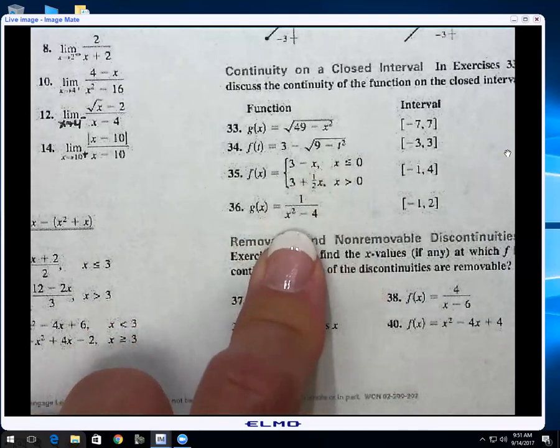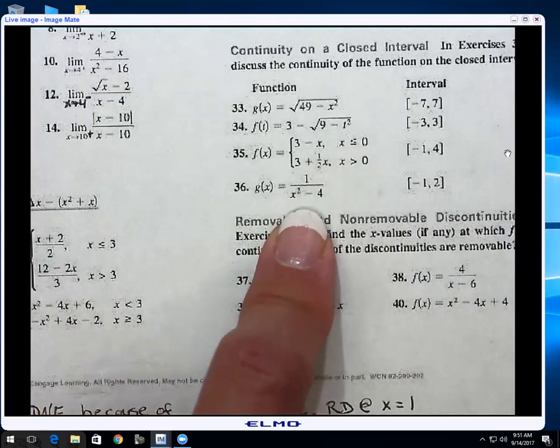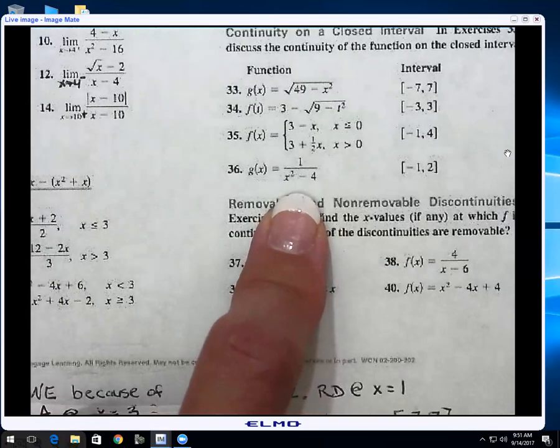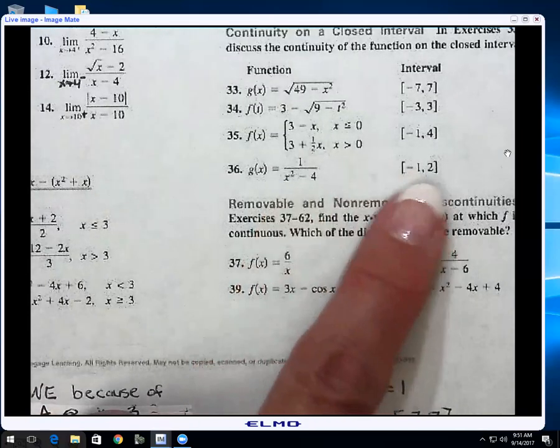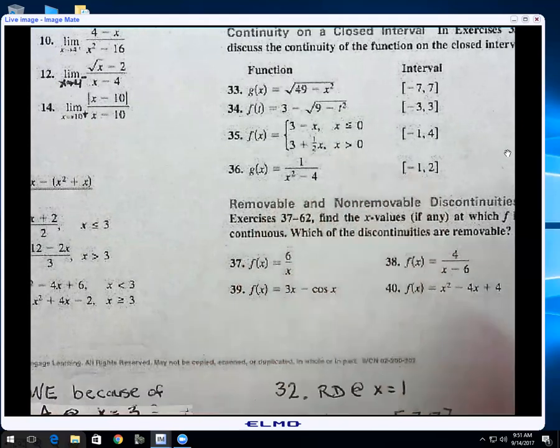Number 36, where does that graph have asymptotes? 2 and -2. So what's going to be the continuity from -1 up to 2? Is there going to be anywhere you have to pick your pencil up from -1 up to 2? You're going to have to pick it up at 2, but you're not going to have to pick it up before you get to 2.